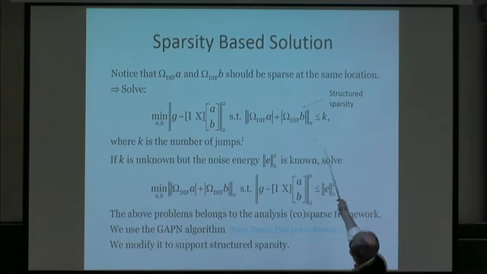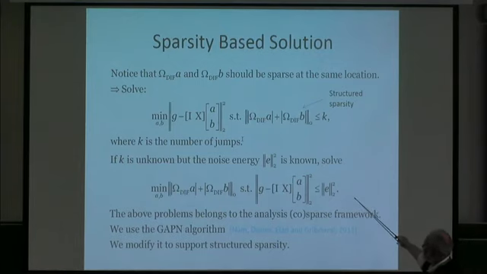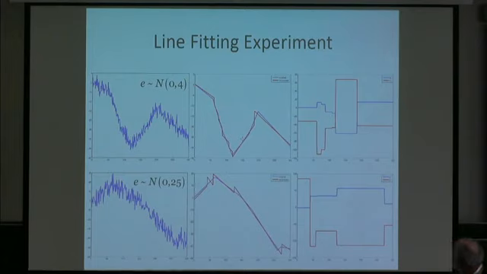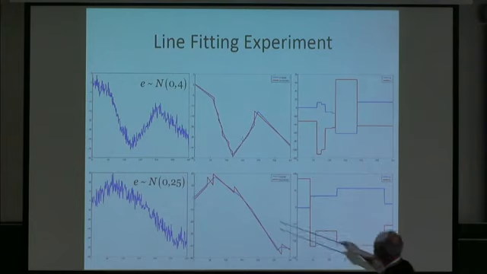Then you define this problem, which is the sparsity-based optimization problem, and if k is unknown but the noise energy is known, then you can solve others. This problem has been treated in the sparsity literature, and there is an algorithm that deals with it, and this is what you get. So you get the line fitting experiments, the recovery results.